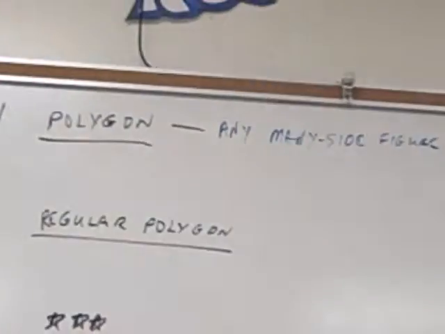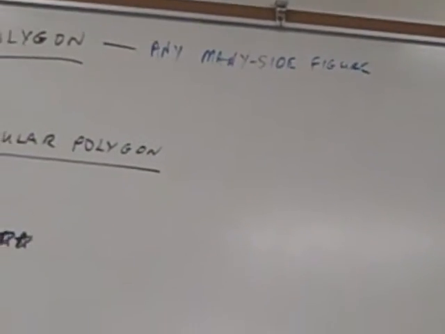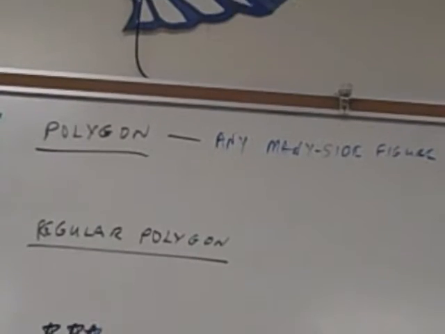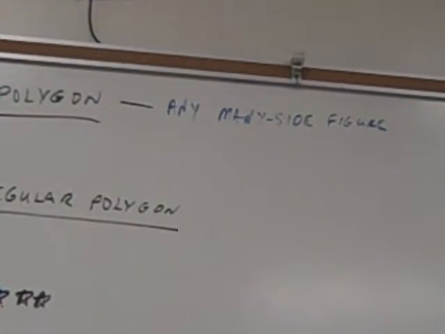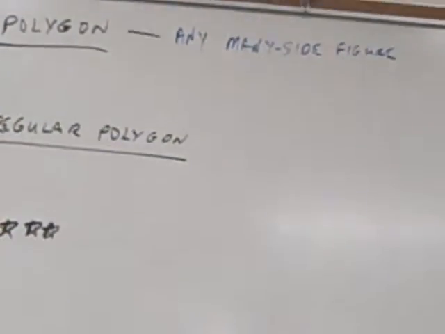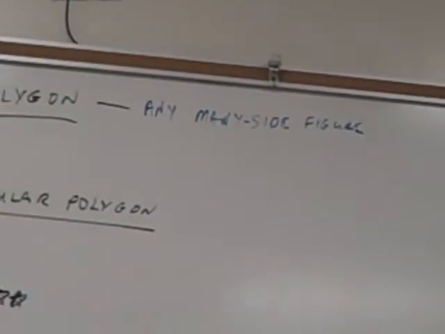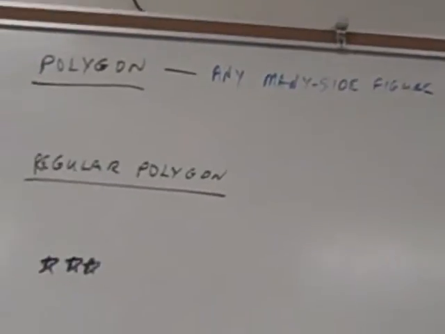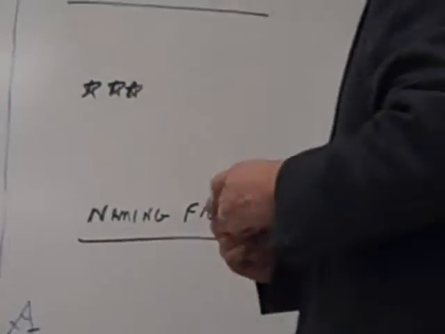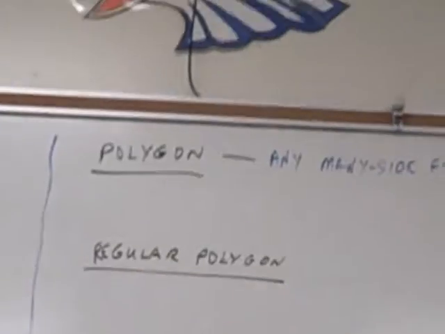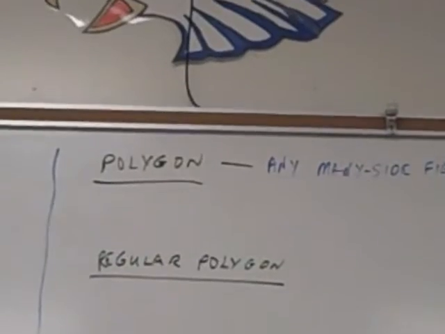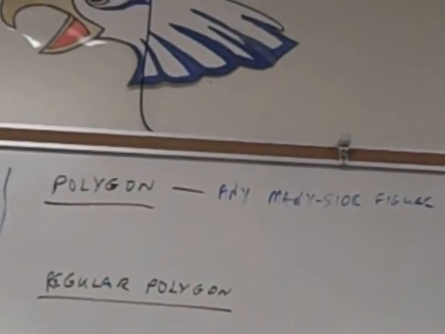An octagon is a polygon. A pentagon, 5. 5 is a polygon. Hexagon, 6. Polygon. Hepta, 7. Nona, 8. There's just some other ones. We'll go into those later, okay? So a polygon is just a figure that has a lot of sides to it.